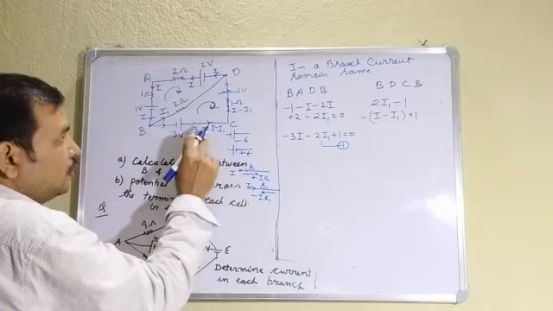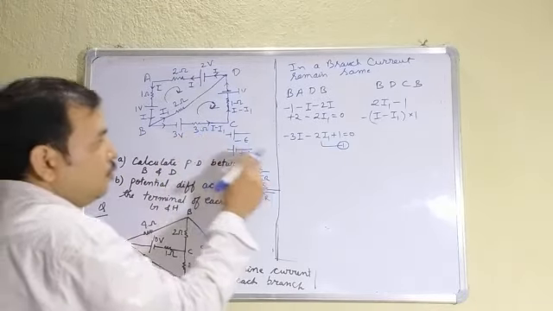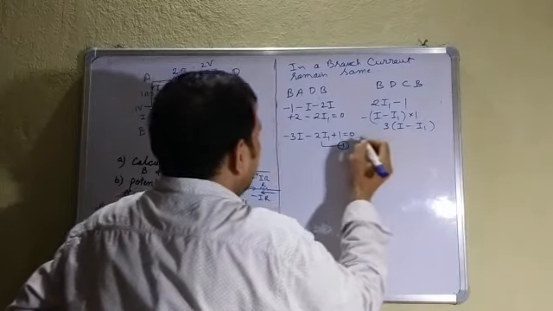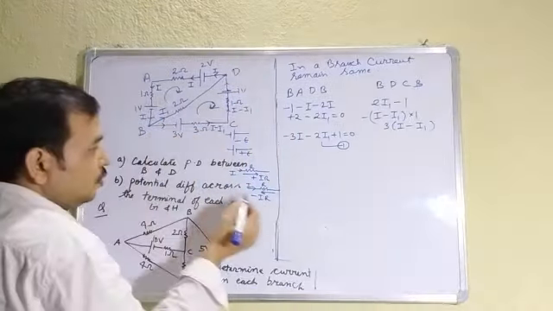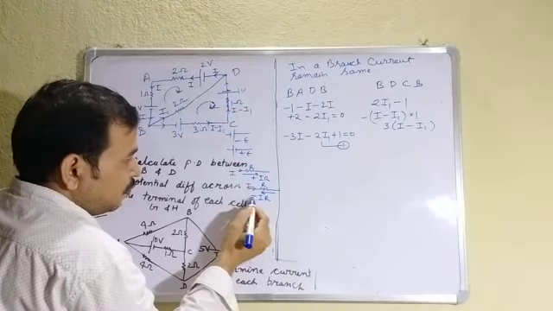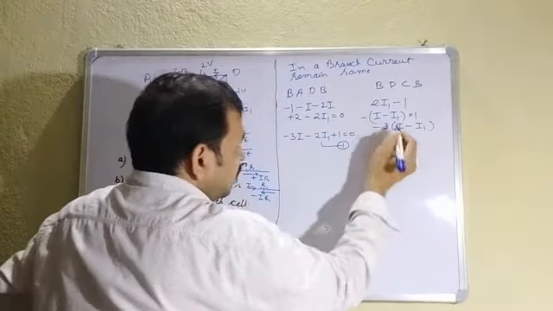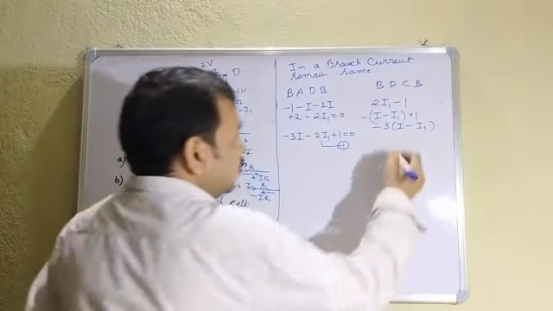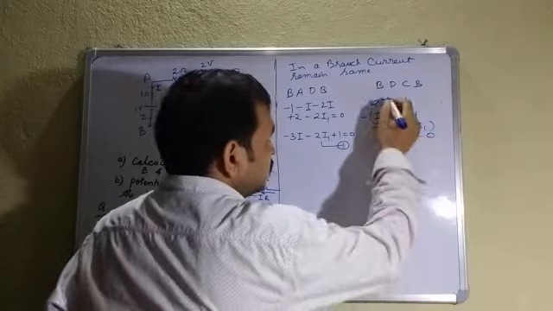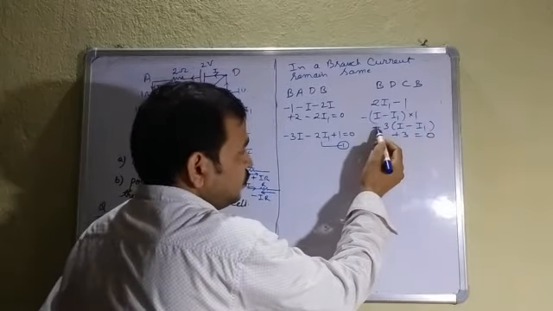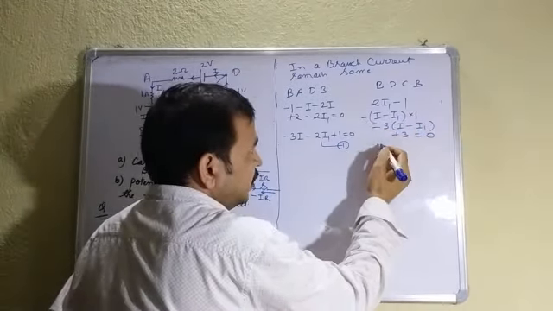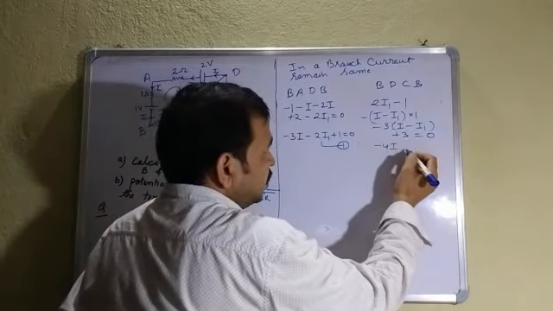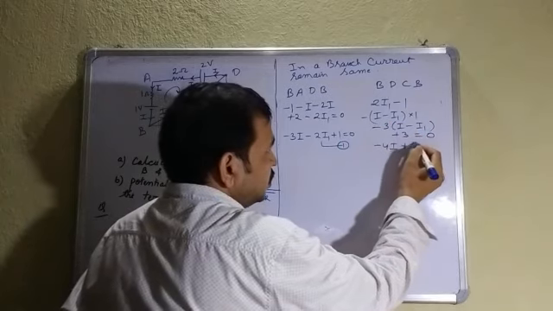From C to B, this product of 3 into I minus I1, we are moving against the current. You can see against the current product is minus IR. So here will be minus. Now from positive to negative, plus 3 is equal to 0. Now if we solve, minus 3I minus I minus 4I, 2I1 plus I1, 3I1 plus 3, 6I1.